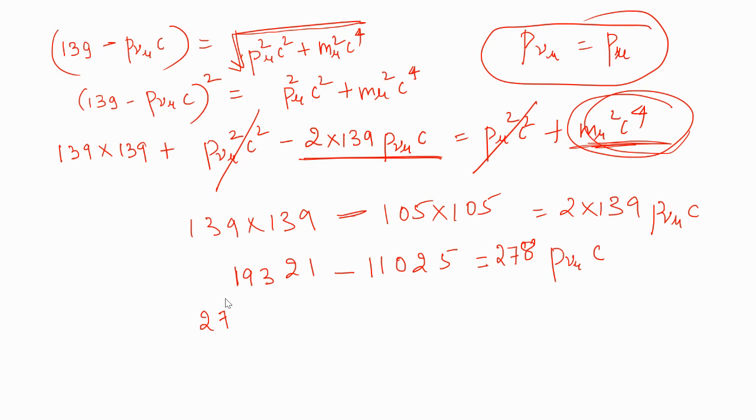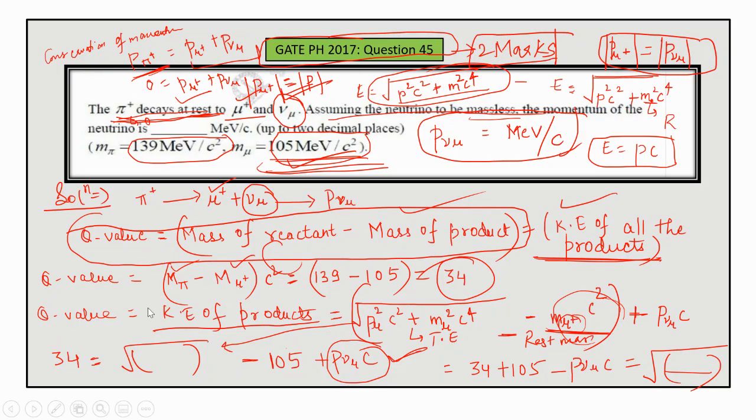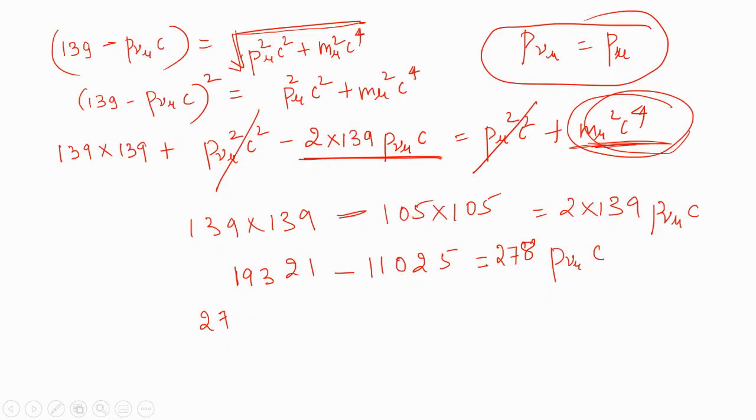I'll tell you. See, if you see here, you are given the rest mass of muon. The rest mass of muon is given to you as 105. Okay? And see the unit here, it is MeV by c square. Okay? So here you see, this is m mu c square whole square, right?